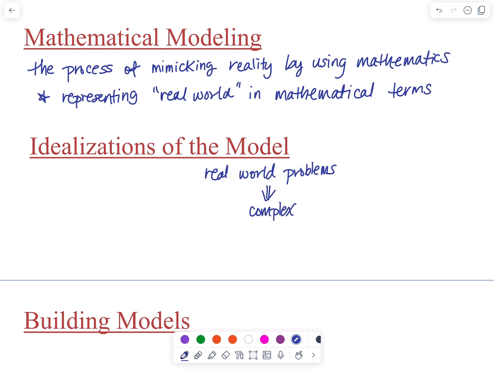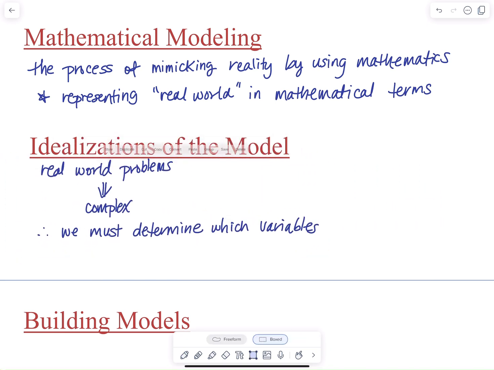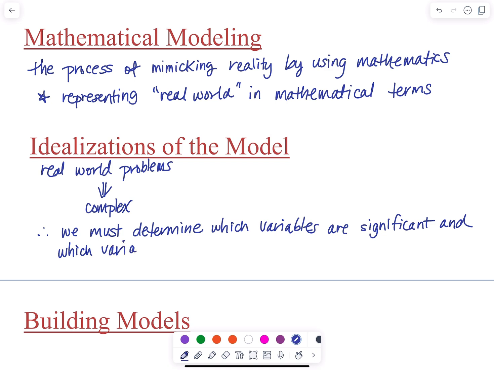And so we have to determine which variables are significant and which variables can be ignored.